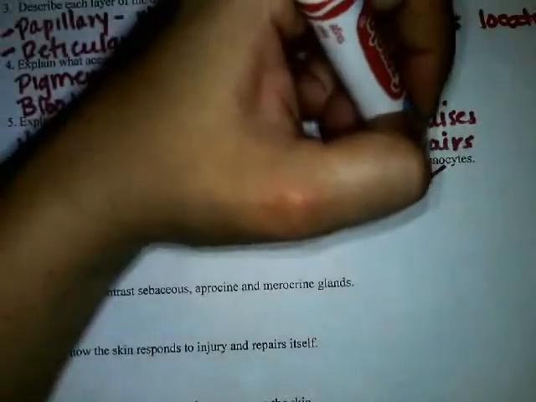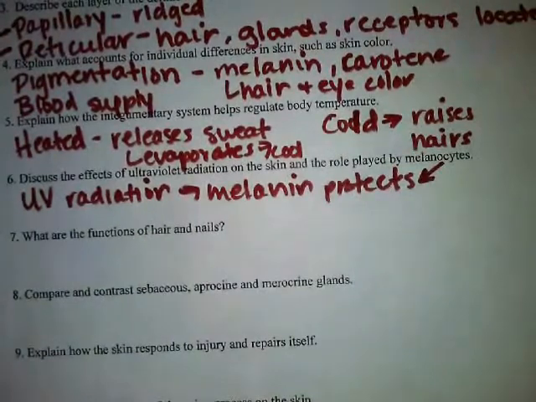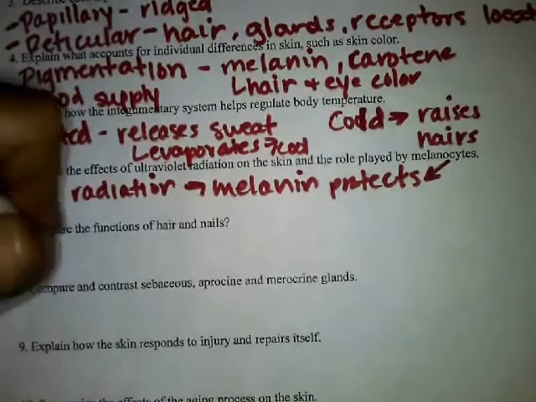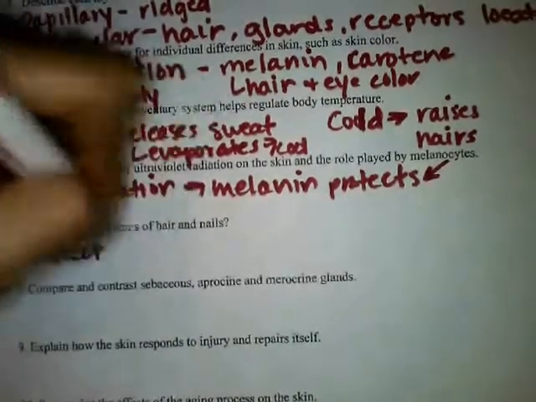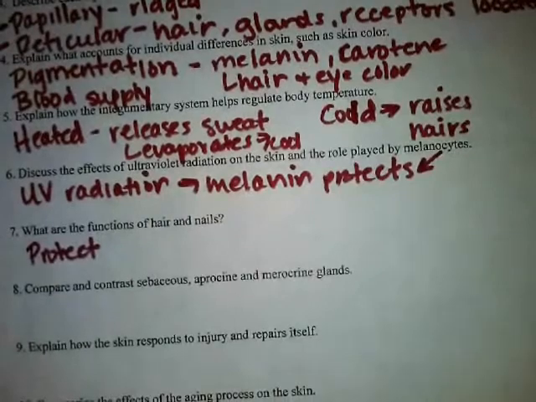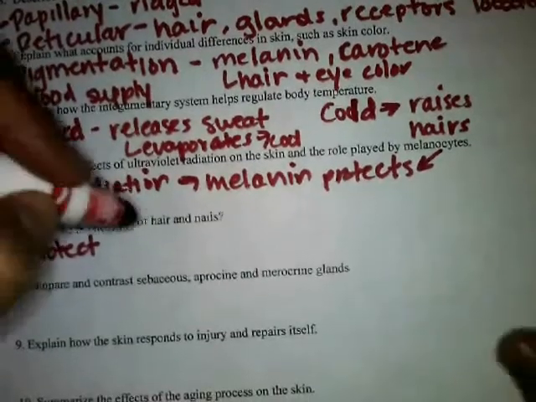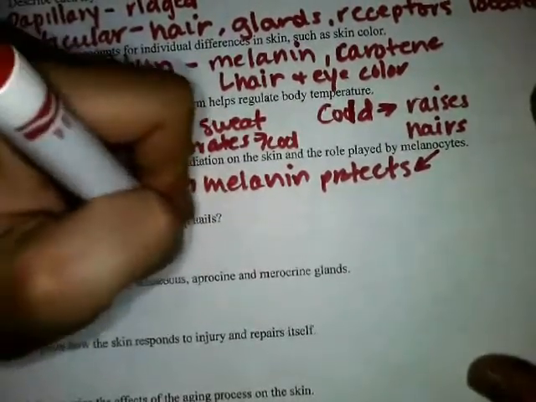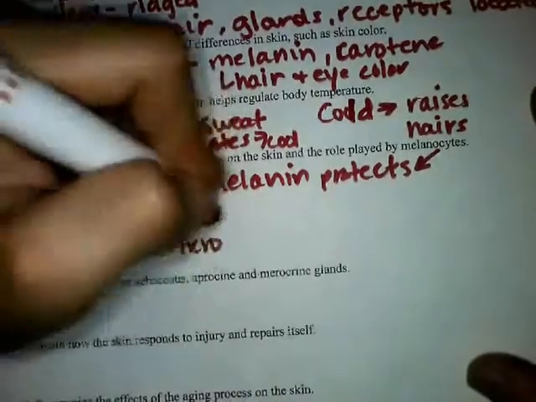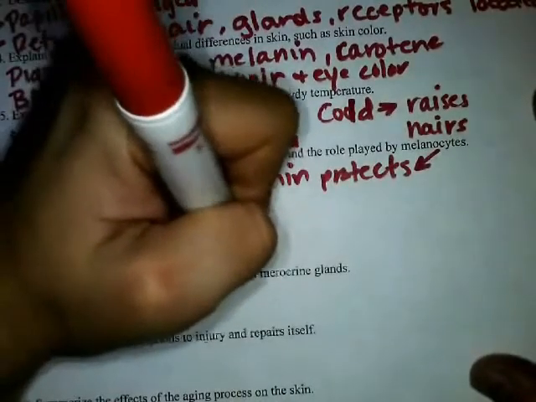Melanin, which is produced by melanocytes, helps us to naturally protect ourselves from UV radiation. Hair and nails help to protect our body, so their main function is protection. Hair also plays a role in helping us to regulate temperature.